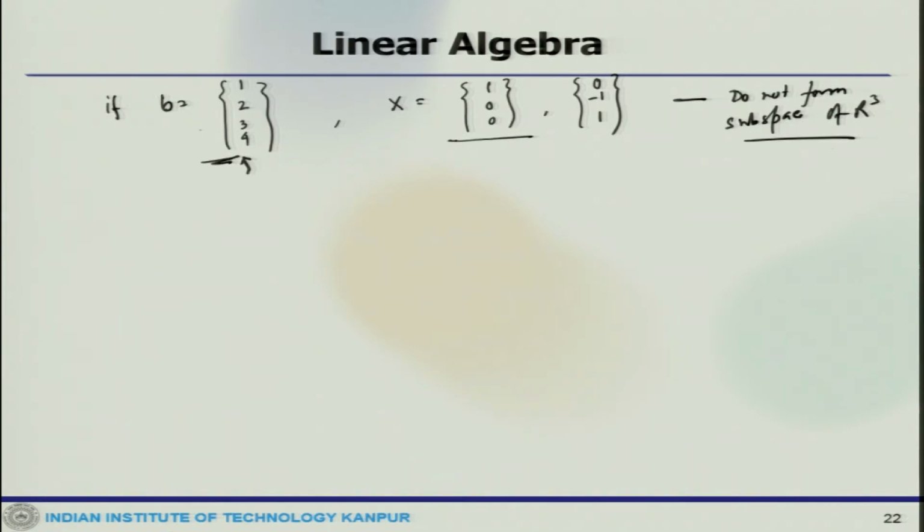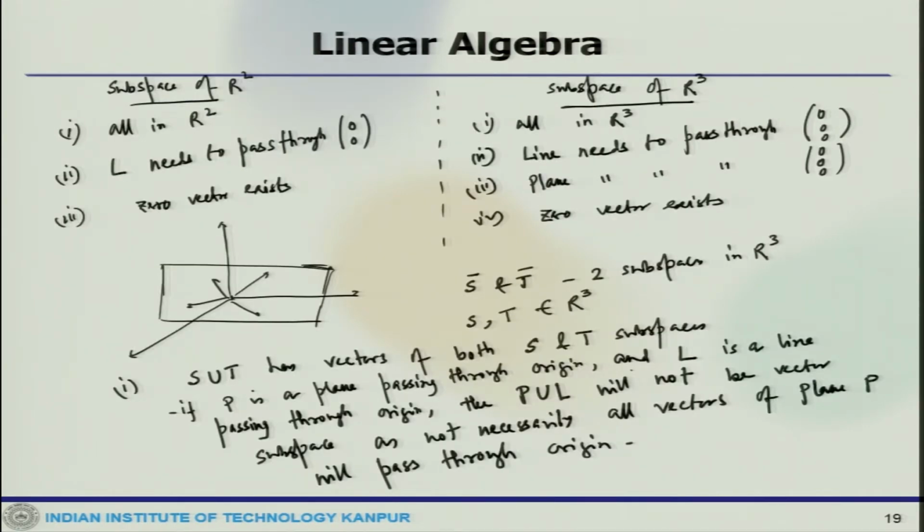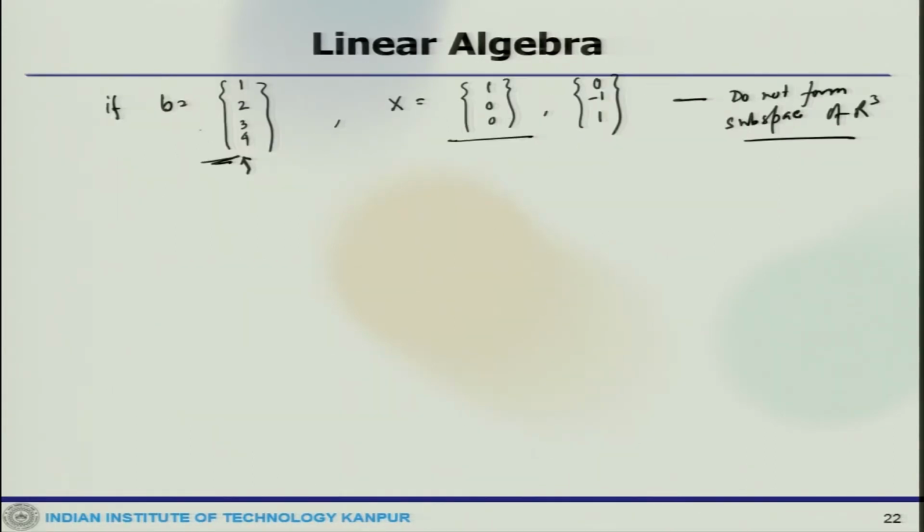To form a subspace, we have already mentioned the conditions: the plane formed by the vectors must pass through the origin, and the 0 vector must exist.